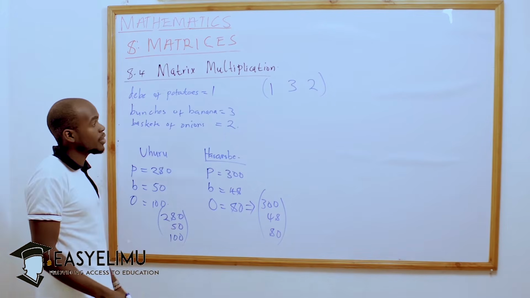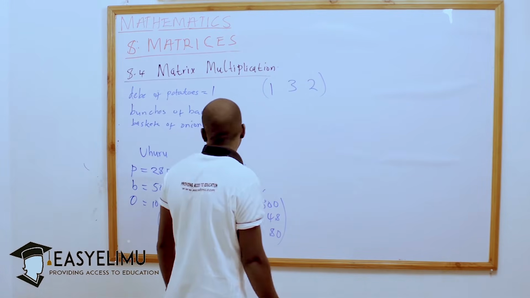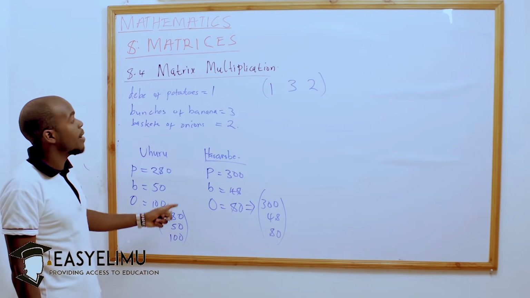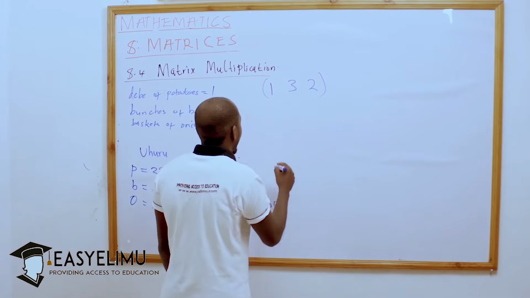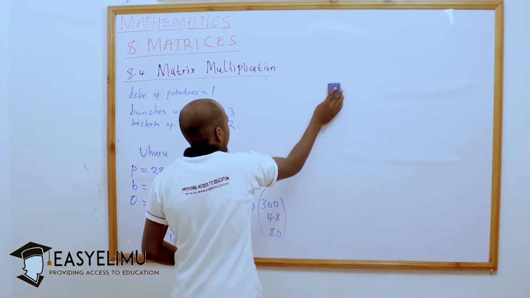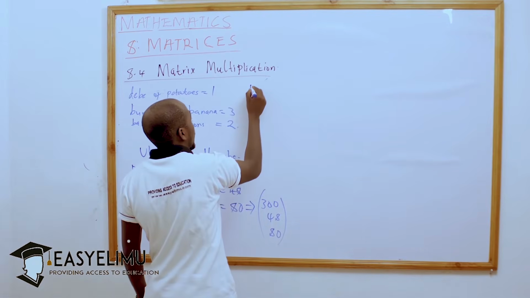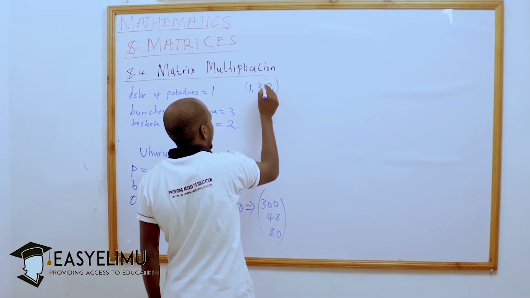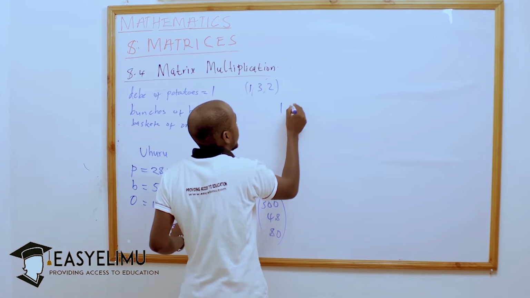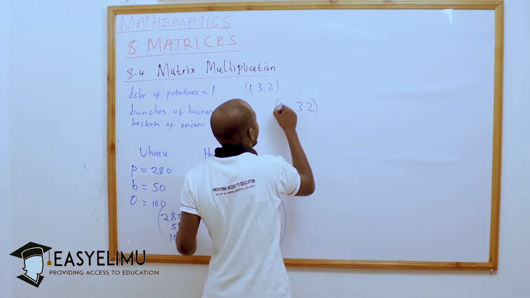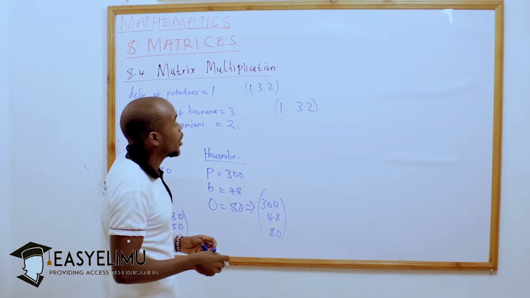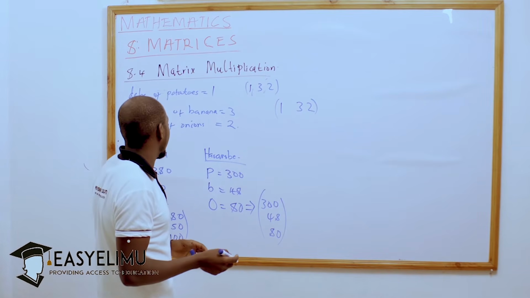For example, for this one, we shall pre-multiply the cost of each item with the number of items which we bought. Our row matrix we know is 1, 3, 2, representing the number of items the kiosk owner bought at Harambee and Uhuru market.